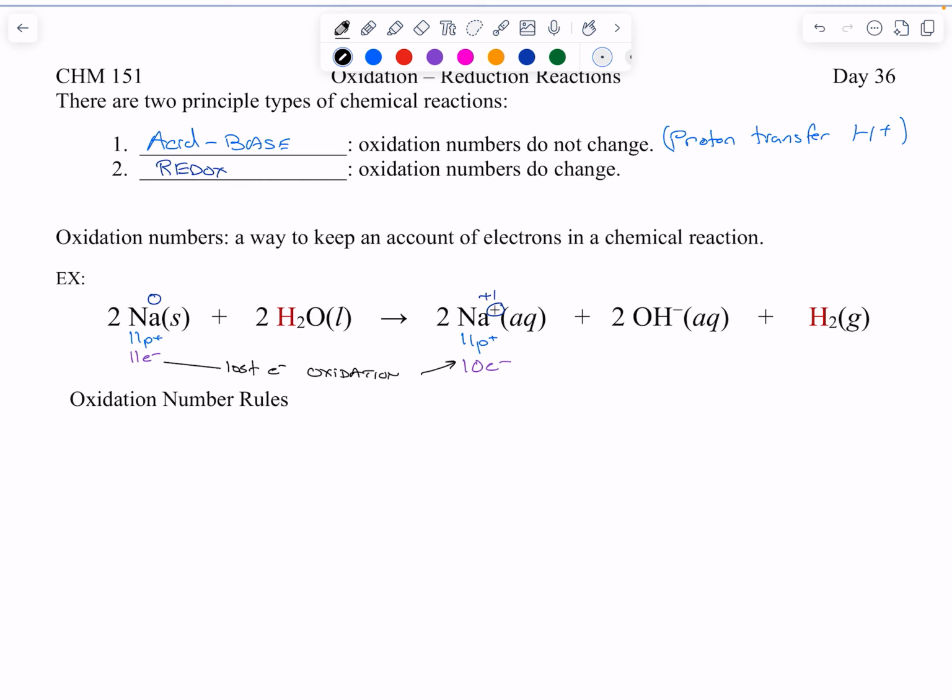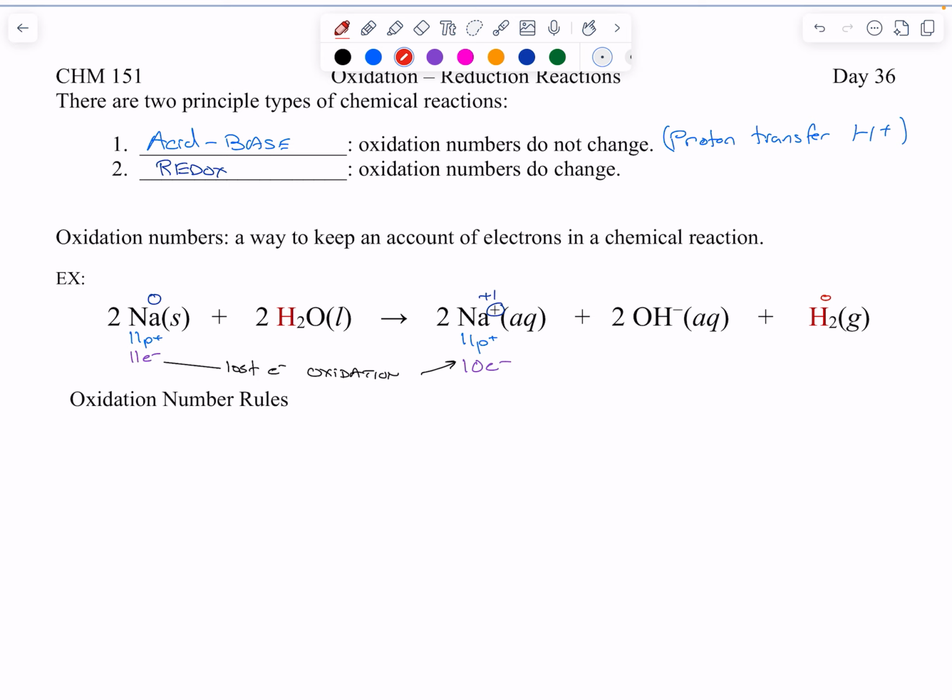So that's oxidation. Now, that electron can't just disappear. It has to go somewhere. Where does it go? Well, that's not so clear. The only thing is, I noticed that hydrogen down here is 0, because it's got 1 proton and 1 electron.